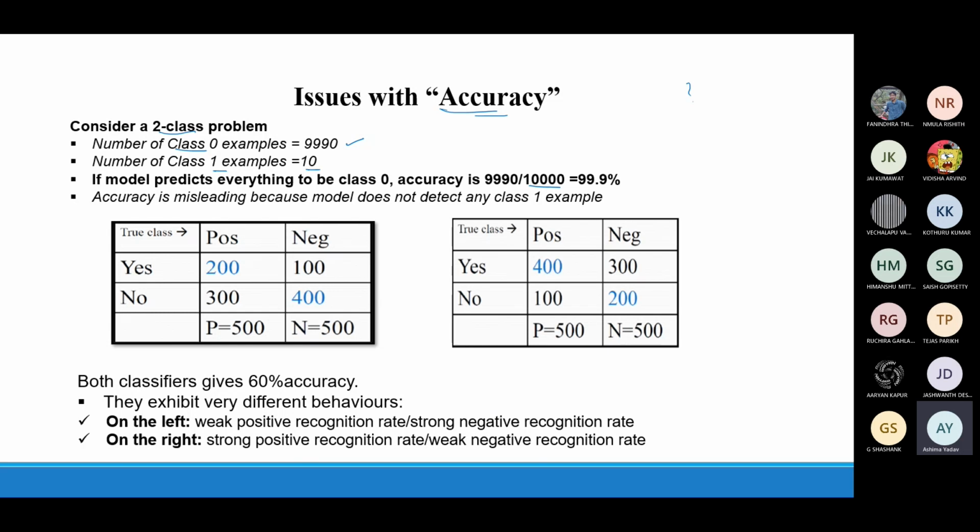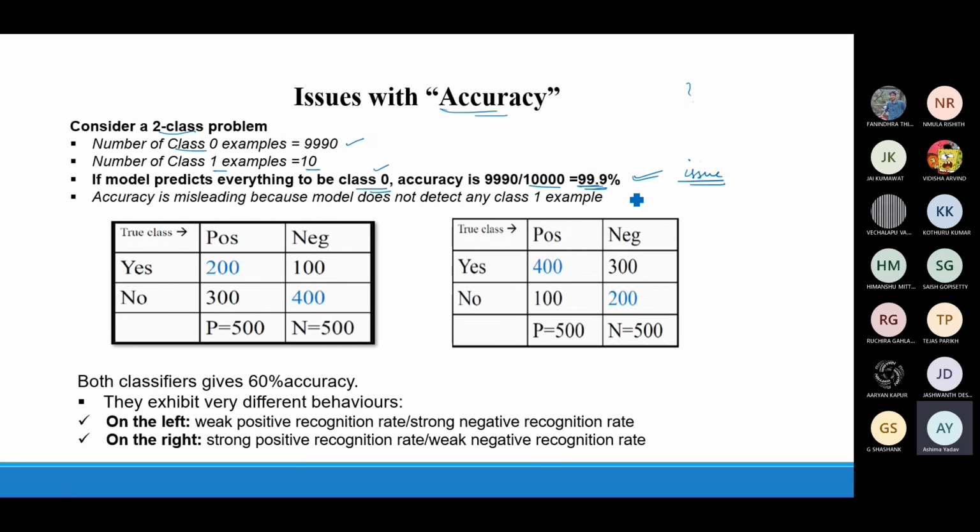Now, even if the model predicts everything to be in class 0, or everything in just one class, which means the model is not learning anything, it is just predicting every sample to be in class 0. If that happens, the accuracy is still 99.9%, which is a big issue, because the model is actually not learning anything. Still, it is able to get almost 99.9% accuracy.